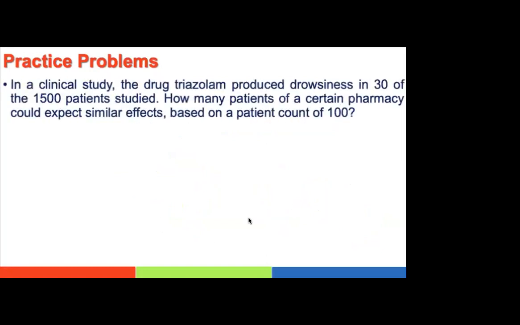Next. Okay, if a clinical study drug produces drowsiness in 30 of 1,500 patients studied, how many patients of a certain pharmacy could expect similar effects based on a patient count of 100?